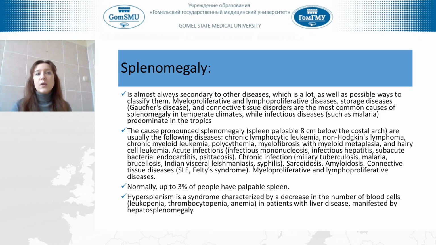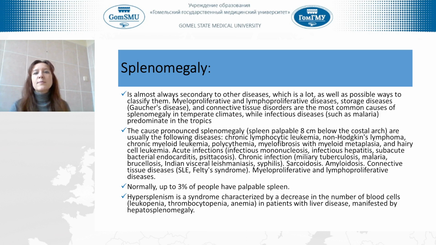Splenomegaly reasons. It is almost always secondary to other diseases, and there are various ways to classify them. Myeloproliferative and lymphoproliferative diseases, storage diseases, and connective tissue disorders are the most common causes of splenomegaly. In temperate climates, infectious diseases such as malaria predominate in the tropics.